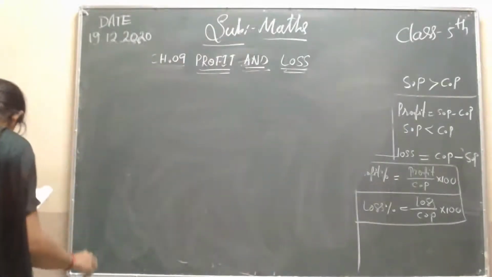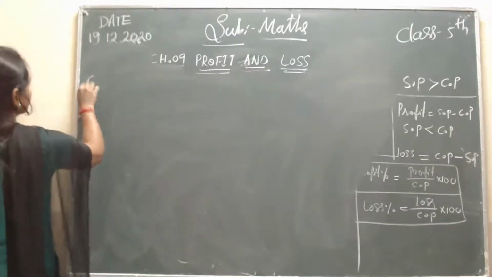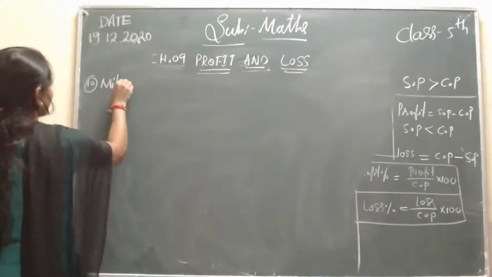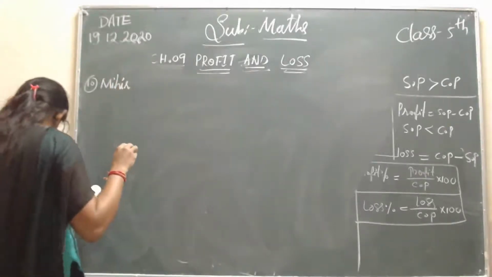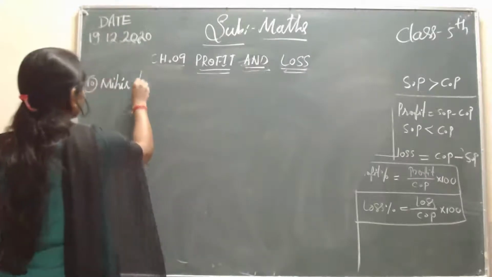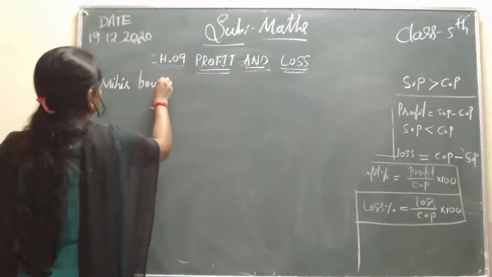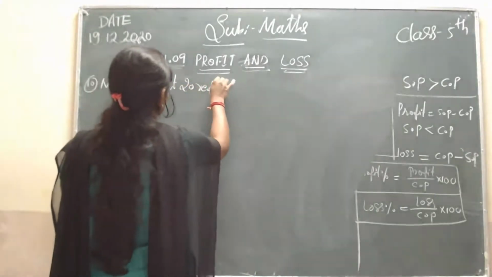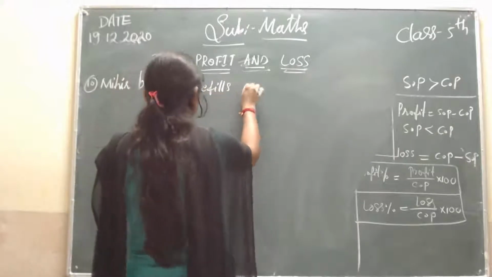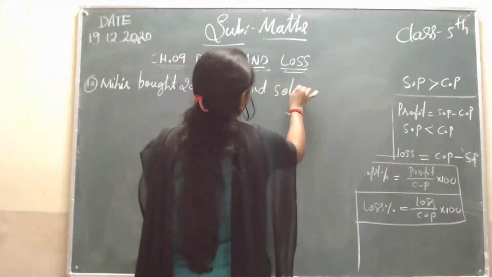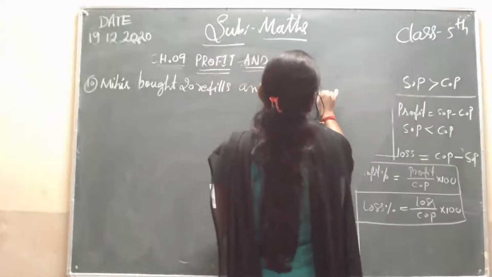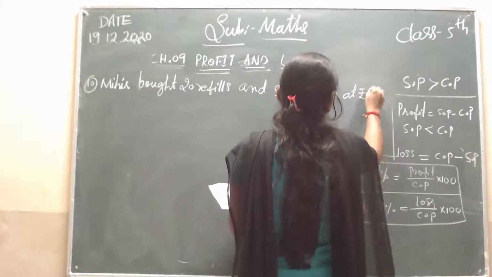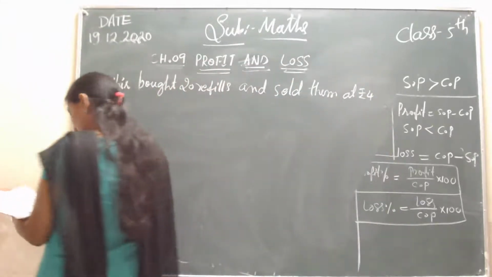Mihir brought 20 refills and sold them at 4 each.